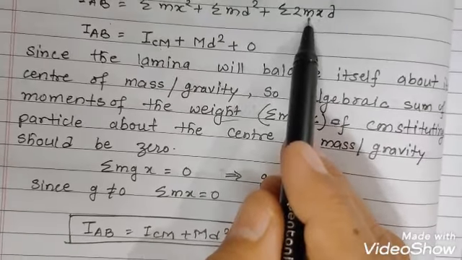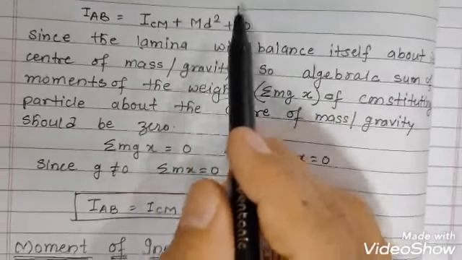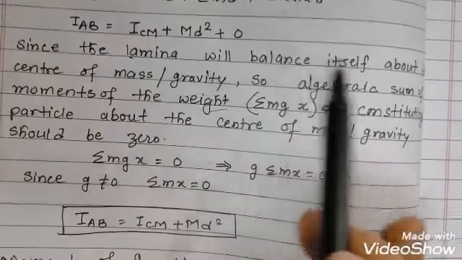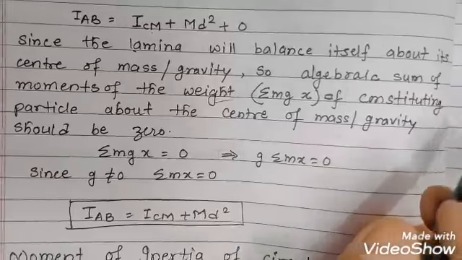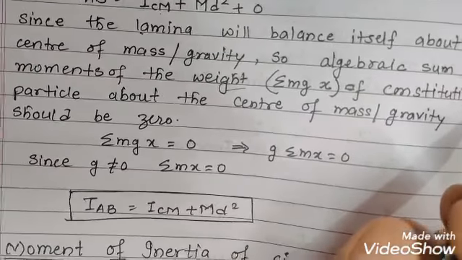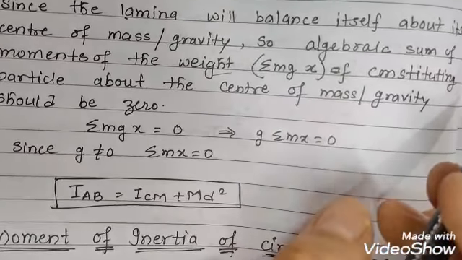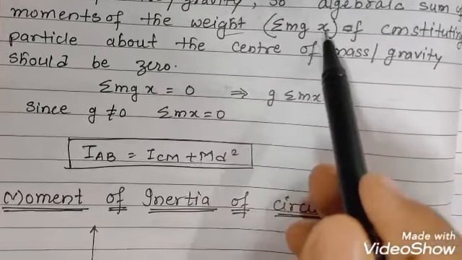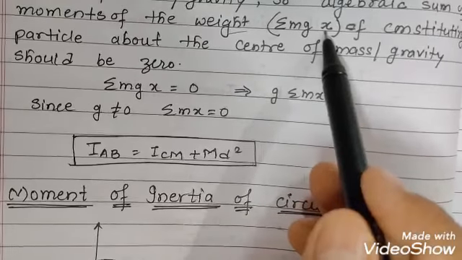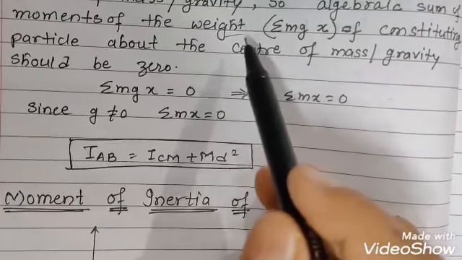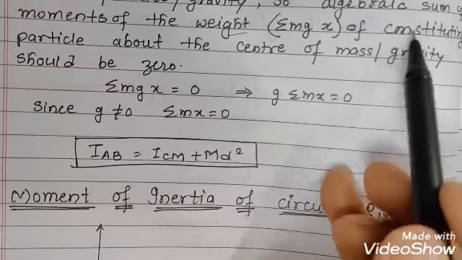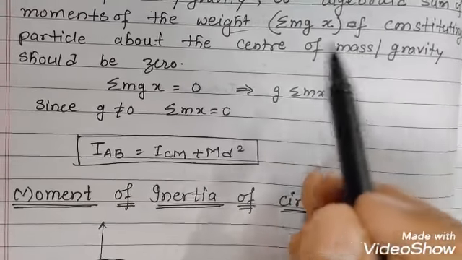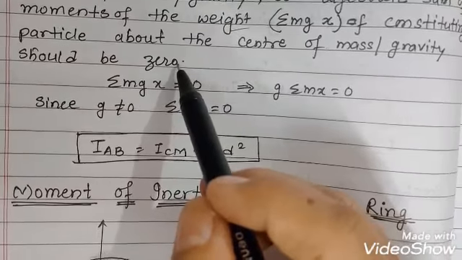Since the lamina will balance itself about its center of mass or center of gravity, the algebraic sum of moments of weight, that means summation mgx, about the center of mass should be 0 because it is balanced.